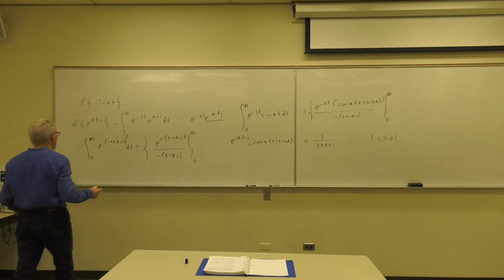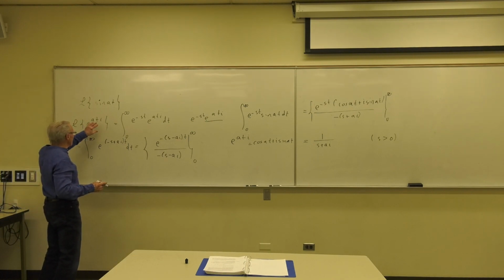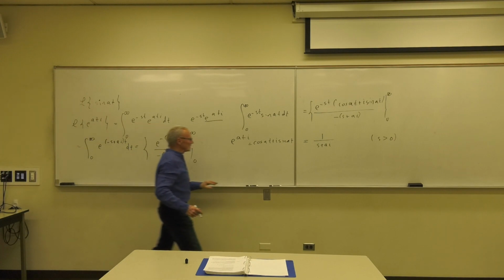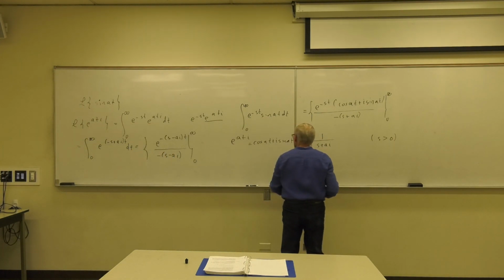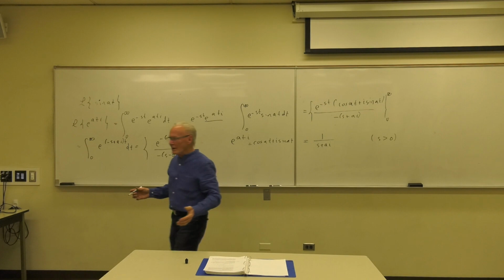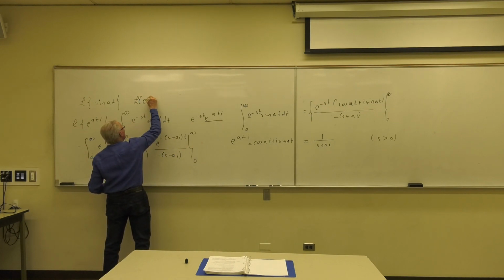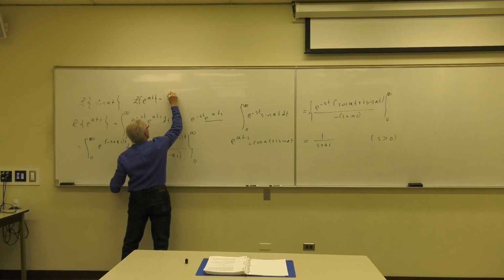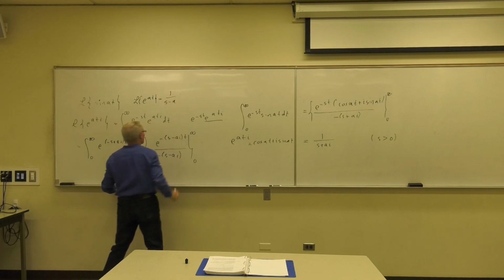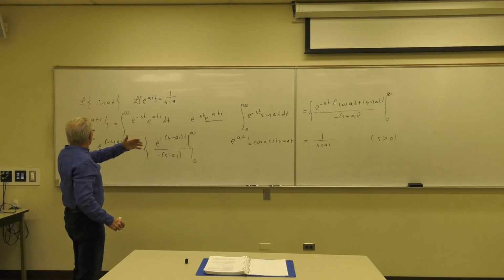So what I've got now is that the Laplace transform of this is equal to that, which I kind of would have thought about. Remember, we had the Laplace transform of e to the at equal to 1 over s minus a.